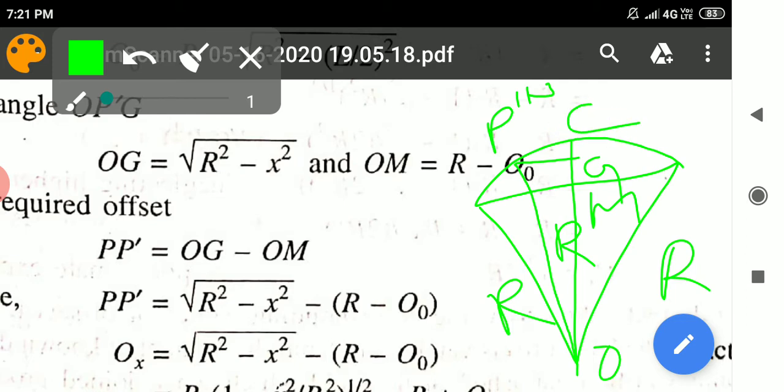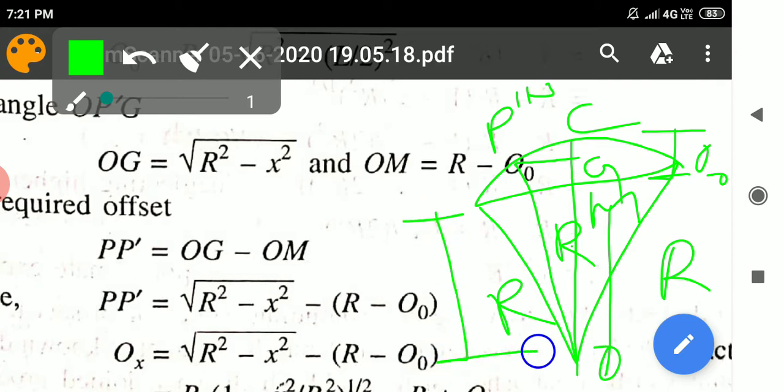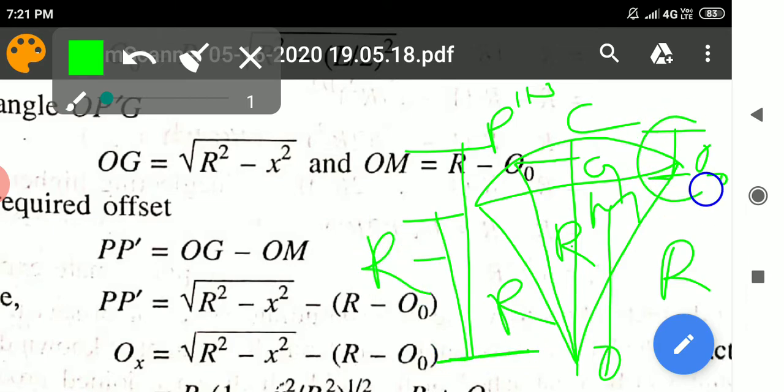So OM is nothing but R minus O naught. This is O naught. So OM equal to total R minus this distance O naught.